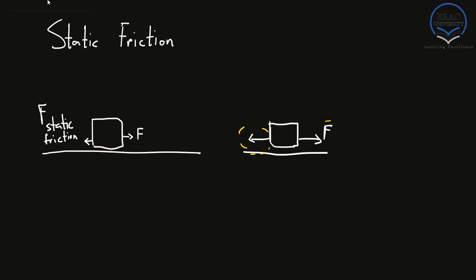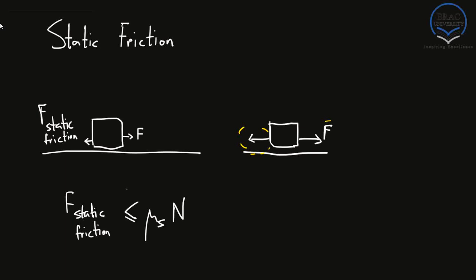Frankly, this is an experimental observation that F static friction is less than or equal to some mu s times the normal reaction force. So this static friction can have some value between 0 and the maximum value it can have is mu s n.